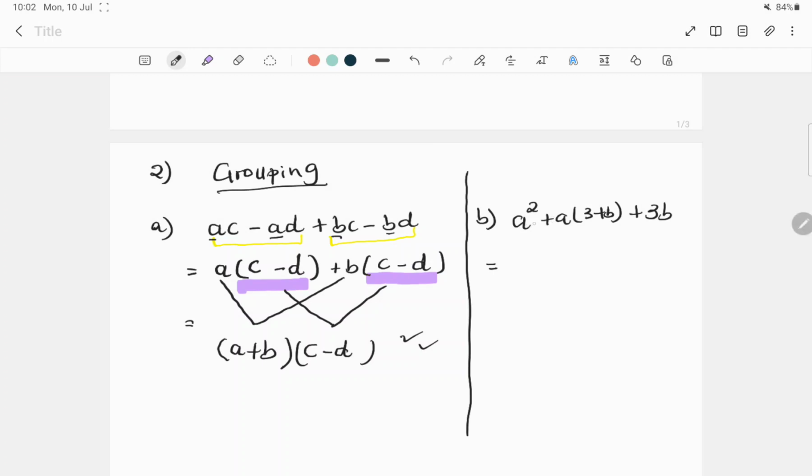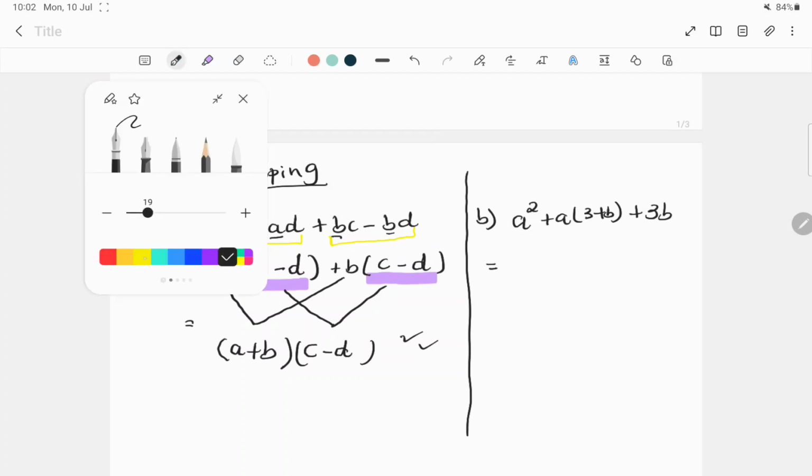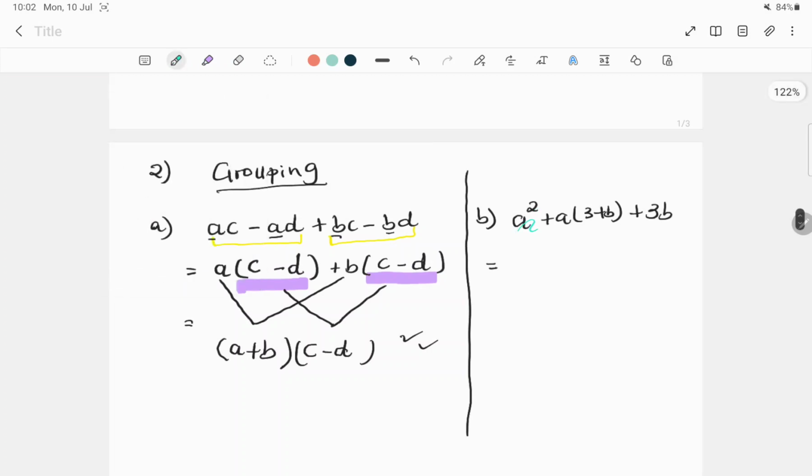Now you have 3 terms here. If you look carefully, this is the first term, this is the second term, the third term. So how are you going to make this become 4 terms?